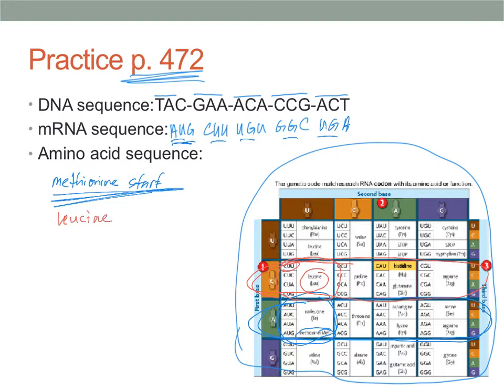So that would be this one. Start is this one. UGU, again, we'd be in this row. U, G is all the way over here, so we're in this column. UGU is here, and that codes for cysteine.